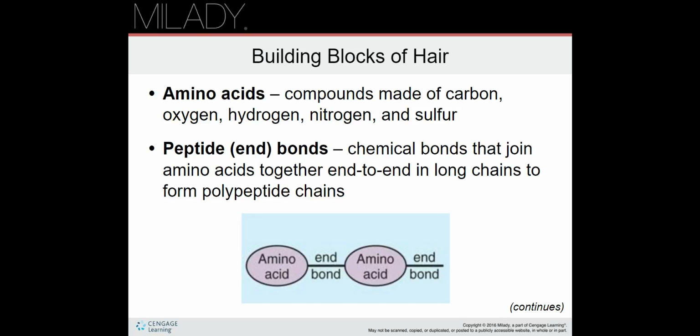The amino acids kind of look like the beads on a strand, and the peptide bonds are the bonds that join the beads together. When you get more than 2 amino acids joined by peptide bonds, those are called polypeptide chains. Poly meaning more than one, polypeptide chains.